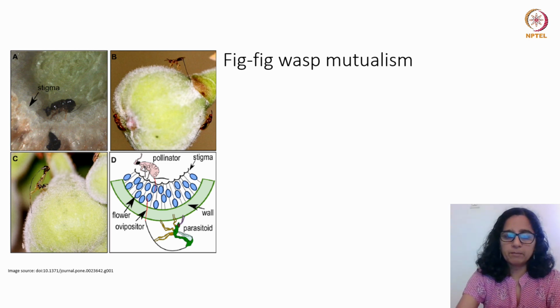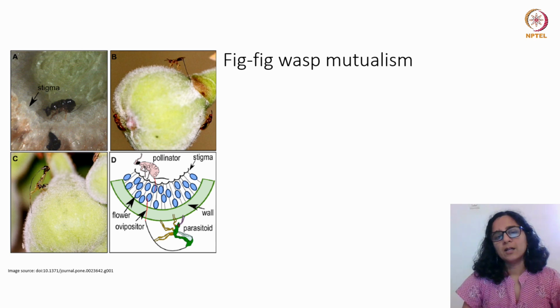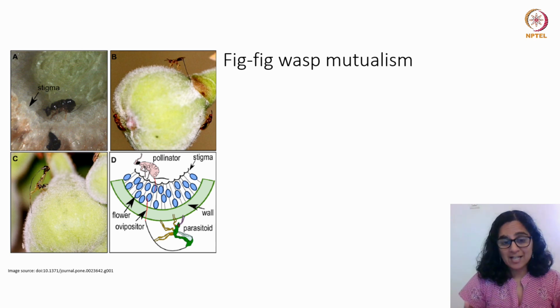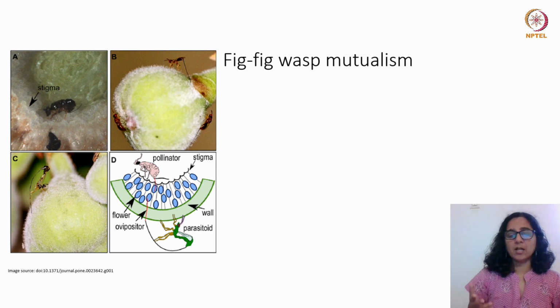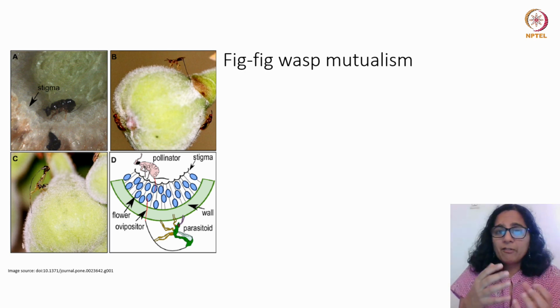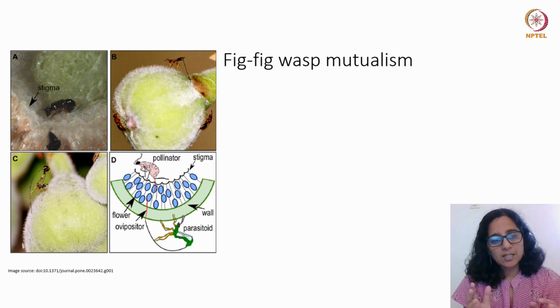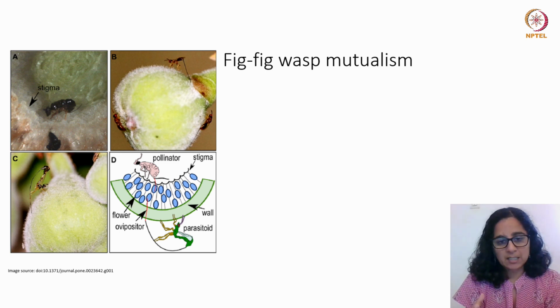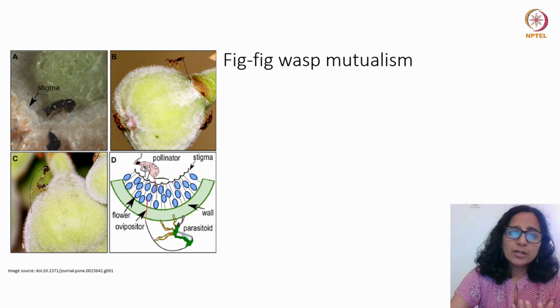Here the fig parasitoid's larva depends on the pollinator wasp, and it feeds on it. So it's not just fig and fig wasp. There are parasitoid wasp larvae which are developing in this fig syconium. You'll study in detail about this paper elsewhere.